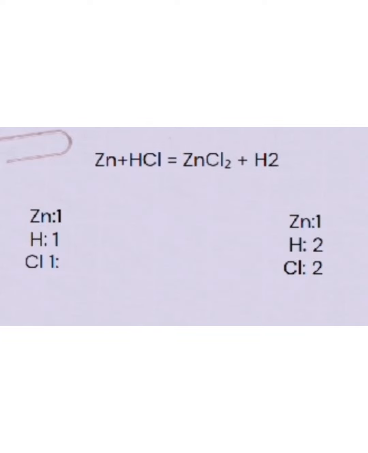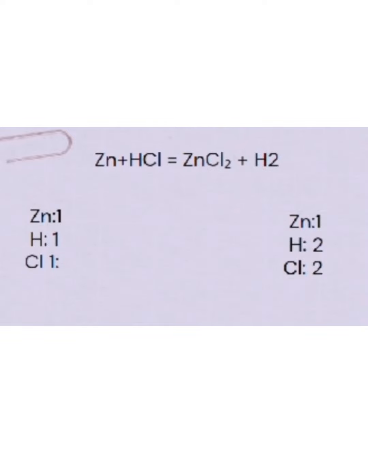Now, in the product part, zinc has 1, chlorine has 2, and hydrogen has 2. As we can see, the equation is not balanced because we have 1, 1, 1, 1, 2, 2. So we have to fix that. How about we put a 2 in front of HCl?